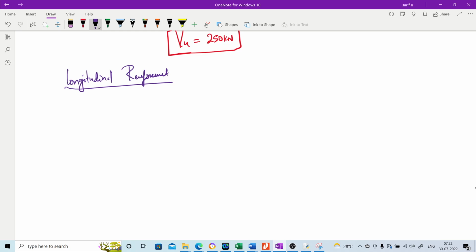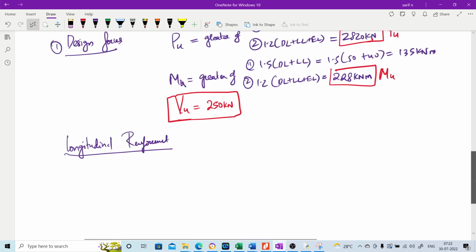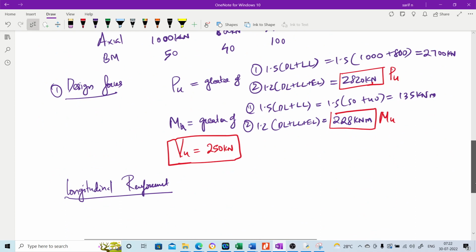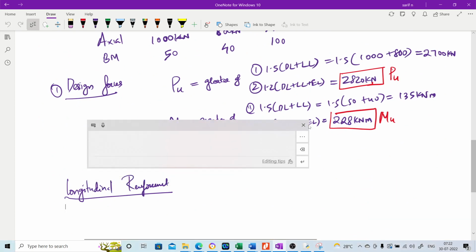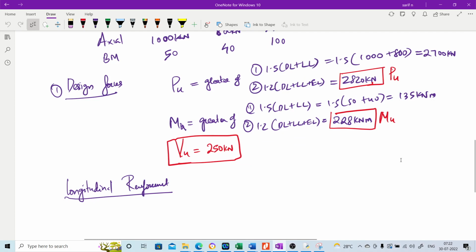Now again, with regard to design load combinations, sometimes directly the values that we have found out, PU, MU and VU, these three will be directly given as the maximum factored effects of the combined effect of earthquake and gravity loads.